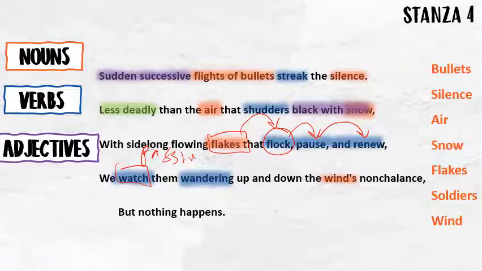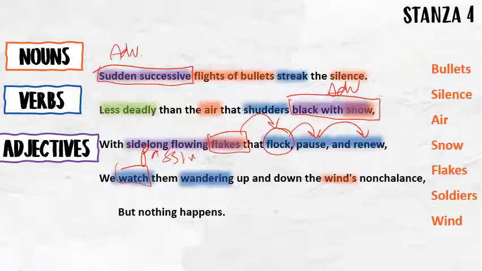Some of these descriptions I've put as adjectives, but they could easily also be considered adverbial phrases. Sidelong flowing flakes. Now the air is described as being black with snow and having sidelong flowing flakes.